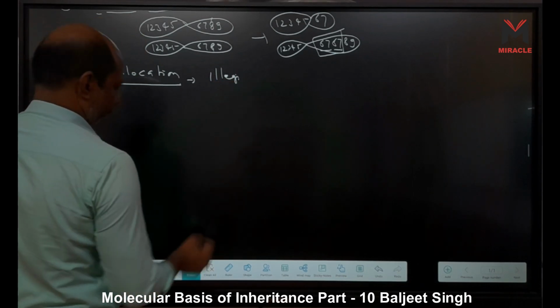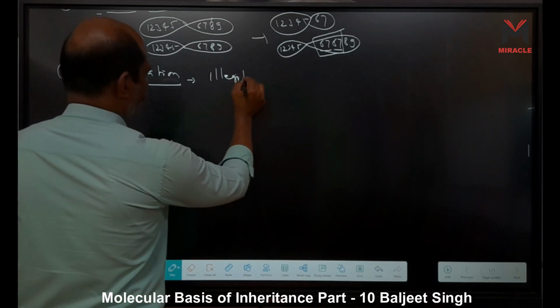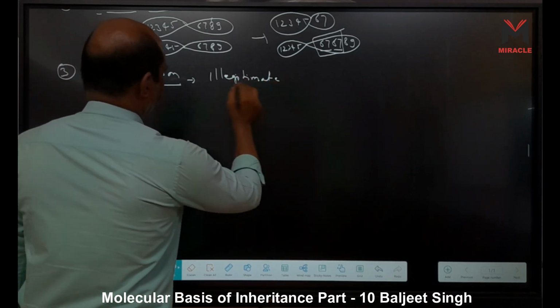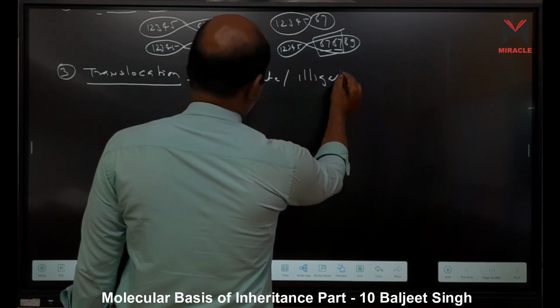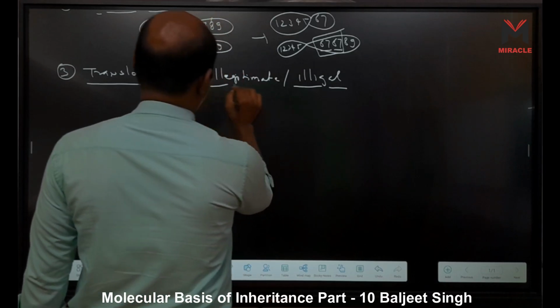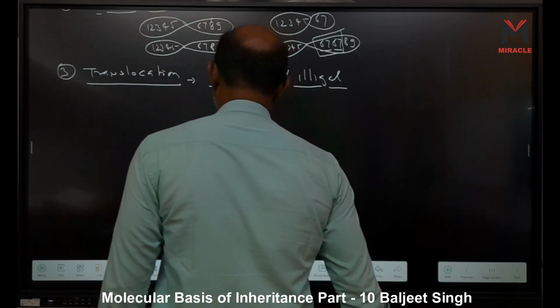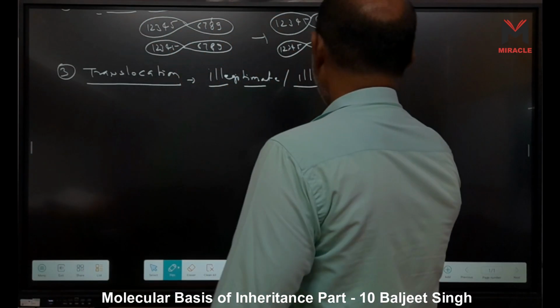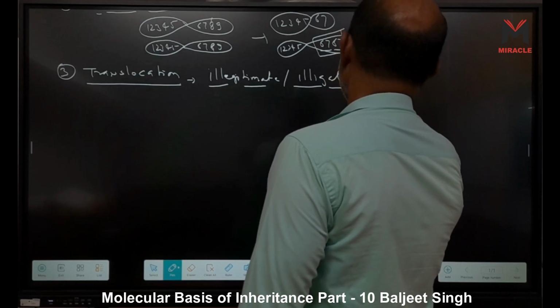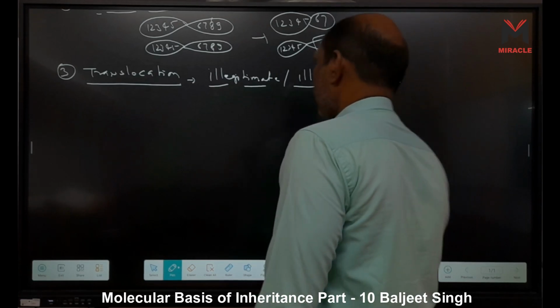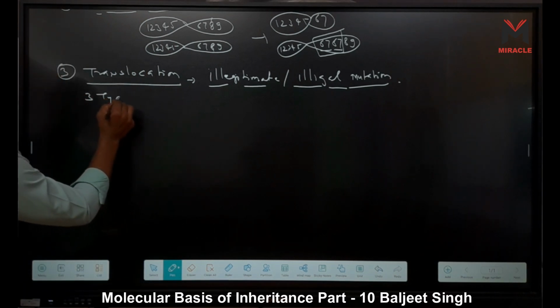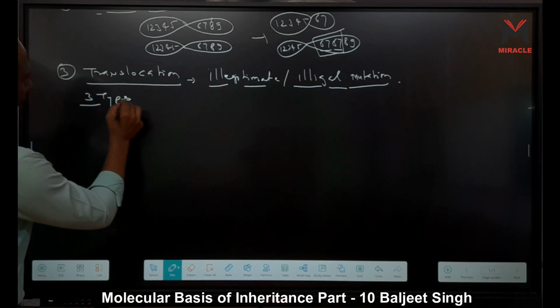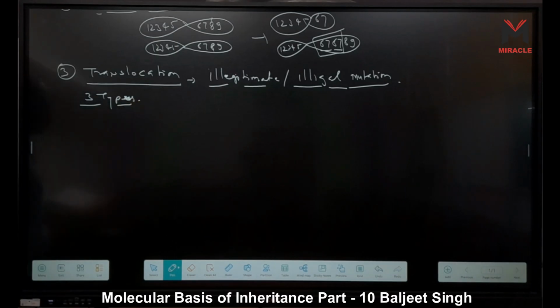Illegitimate, or it is called illegal mutation. It has three types. Which three types are there?